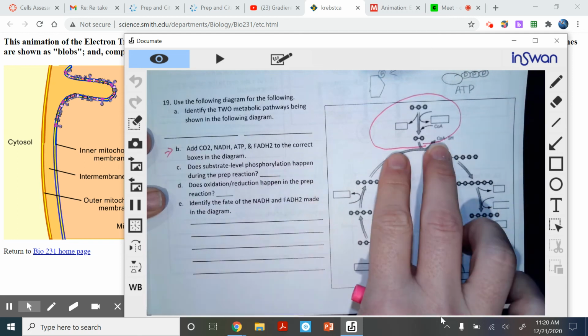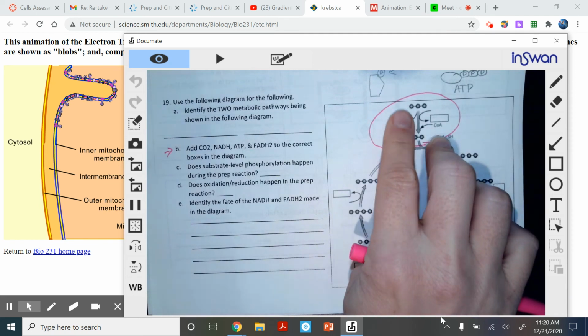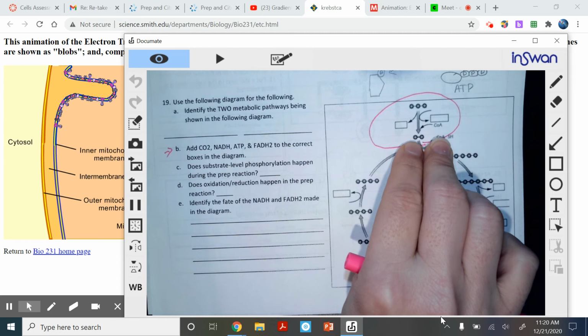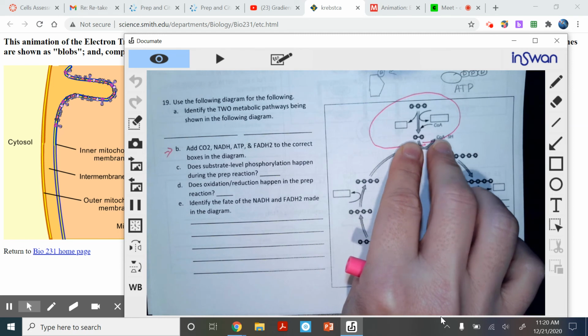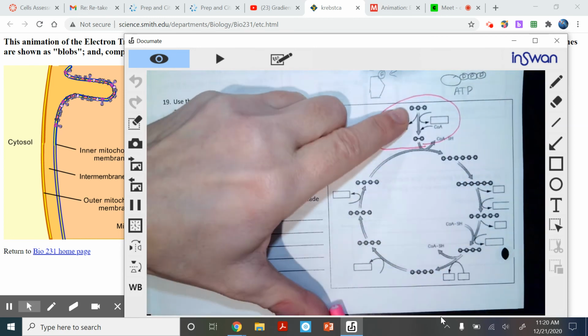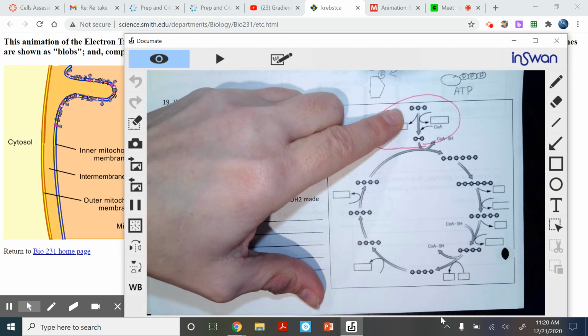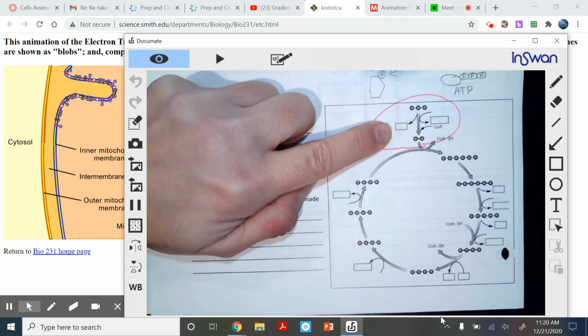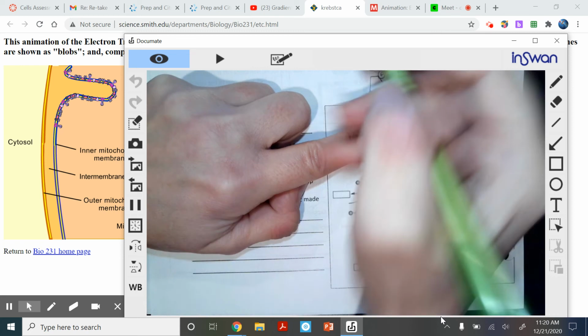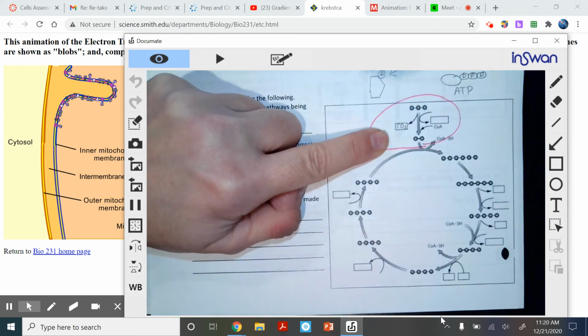Okay. Let's start with the prep reaction here. And let's really think about the main things that are made. So how did we go from 3 carbons to 2? That means something had to be getting made. So whenever you remove a carbon atom, what gets made? Thank you. So we can call one of those CO2.